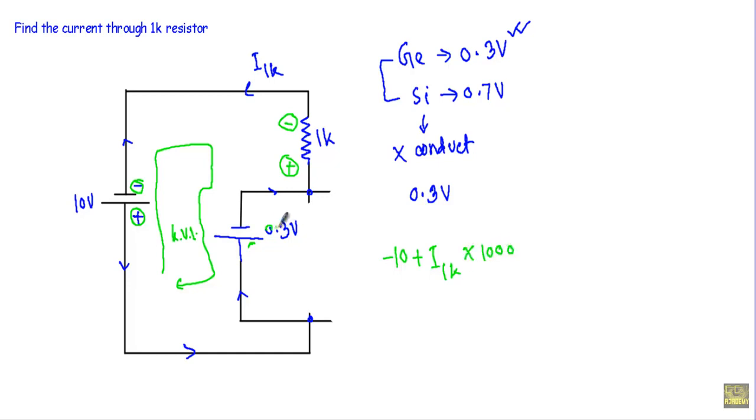After that I will encounter this 0.3 volt source, its negative terminal first, positive terminal later, so it will be plus 0.3 equal to 0. So here I can write the current through 1 kilo ohm resistor will be equal to 9.3 divided by 1000, which will be equal to 9.3 milliampere. Okay.